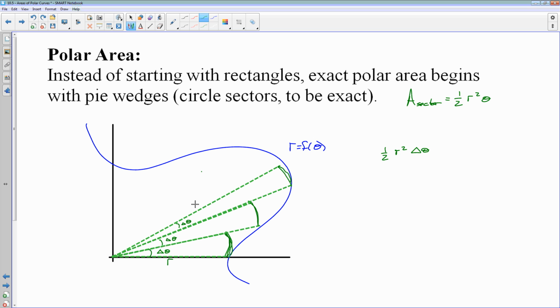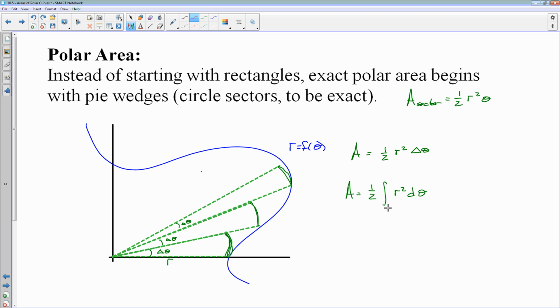If I want an exact area, I take an infinite number of those, from some angle to another angle, and the exact area is 1/2 the integral of your function squared d theta, between the two angles.